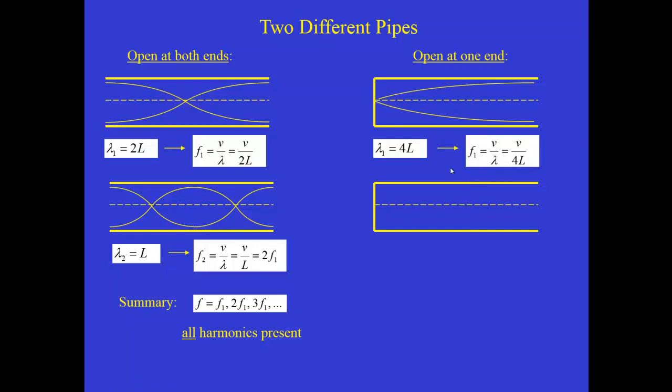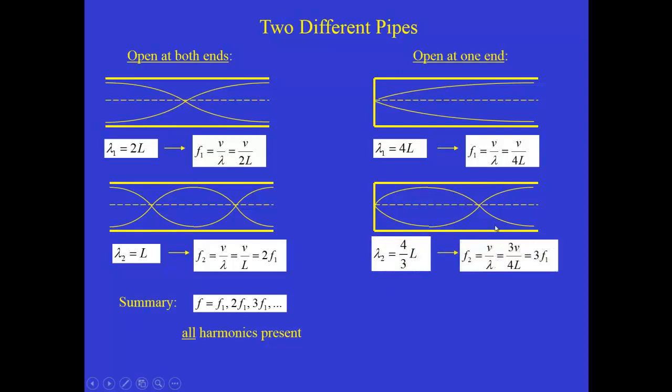And then if we're going to introduce another node into this pattern, for the next higher frequency, we would have a node right here near the open end, so that you'd still get an antinode at the open end. And careful inspection of this shows that the wavelength is equal to 4/3 times the length of the pipe. If we solve for the frequency, we get 3v over 4L.